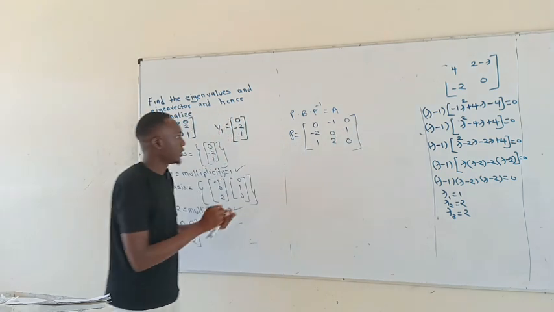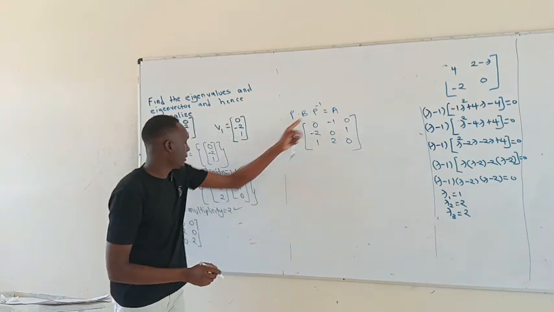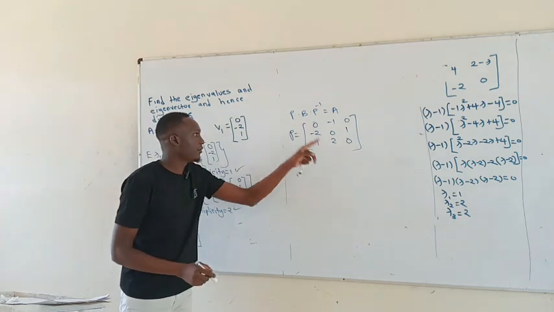So this is our P. Now to verify, P times B times the P inverse will give us A.